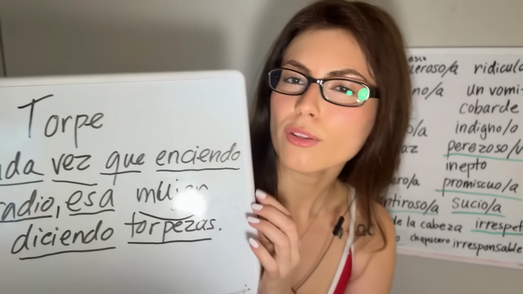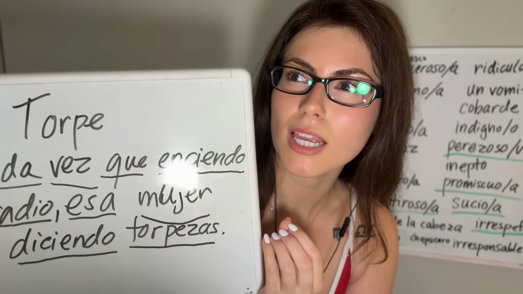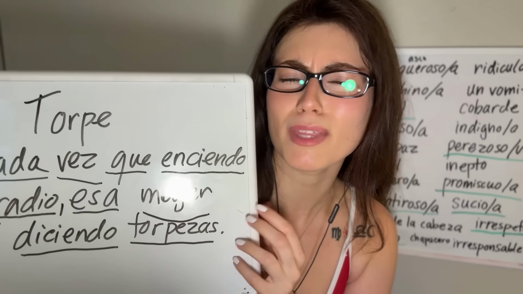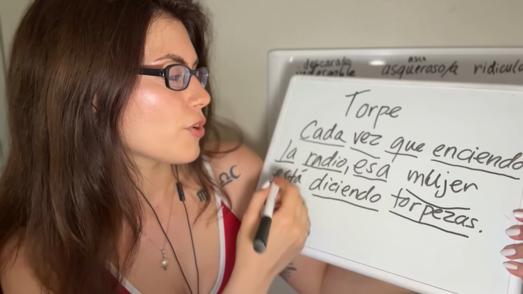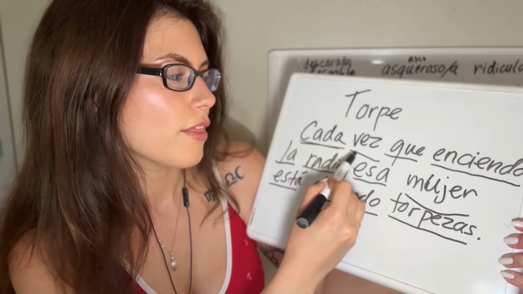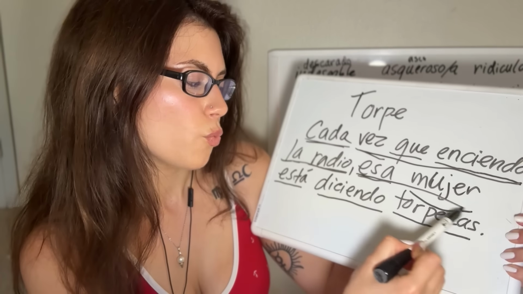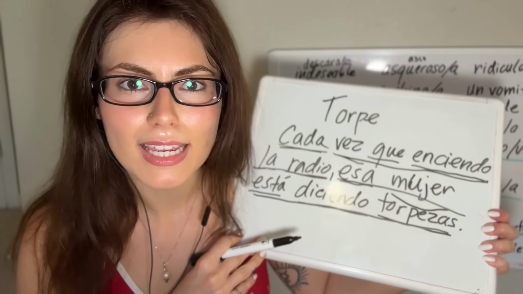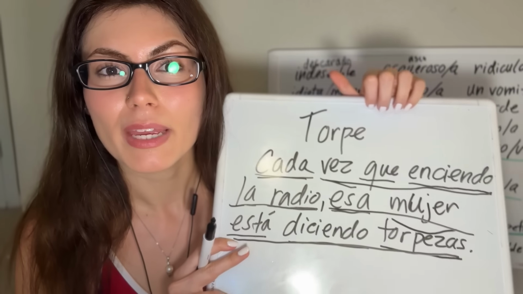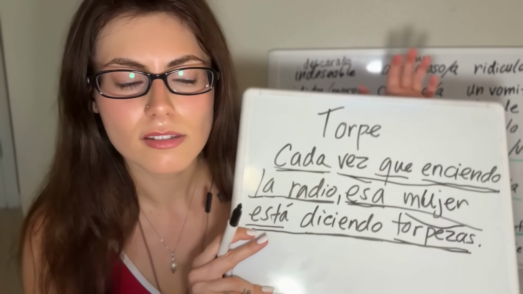Una torpeza is a word for a clumsy action or something clumsy. So every time that I turn on the radio, this woman is saying ridiculous things, meaningless things, torpezas, dumb things.